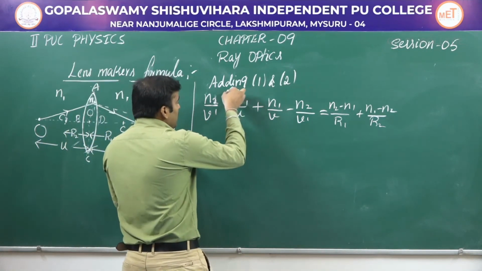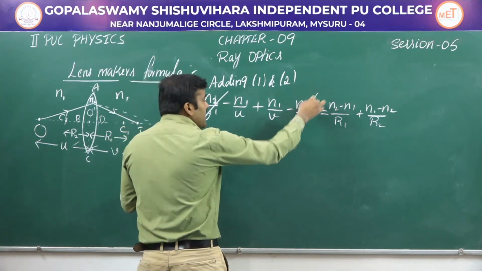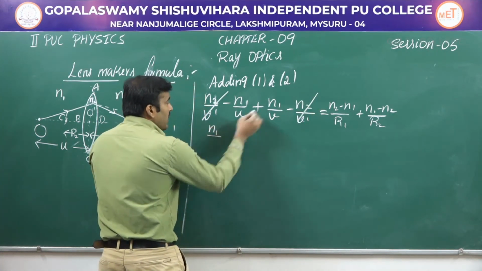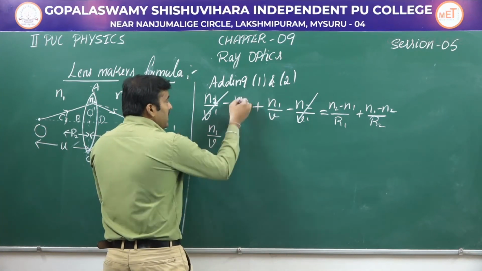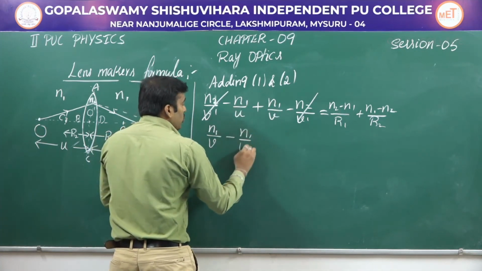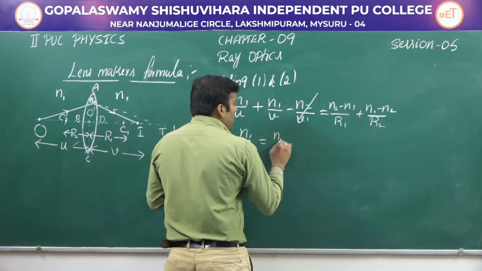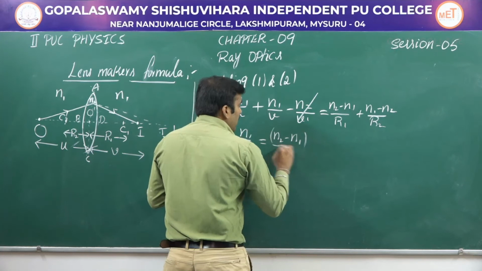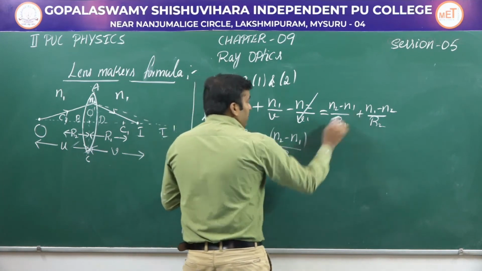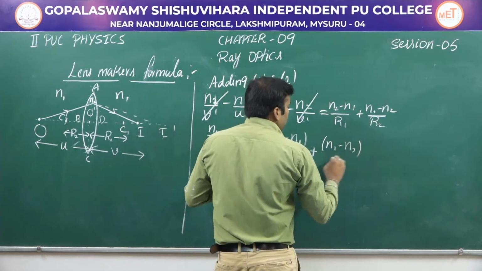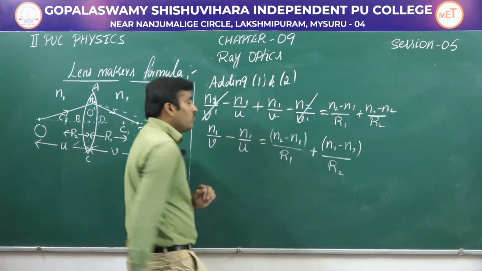So you can cancel this N2 by V dash minus N2 by V dash on the left hand side, and what remains now is N1 by V minus N1 by U is equal to N2 minus N1 divided by R1 plus N1 minus N2 divided by R2.